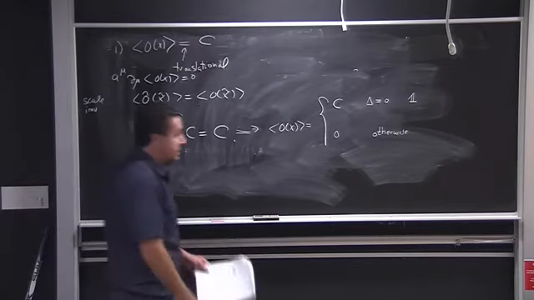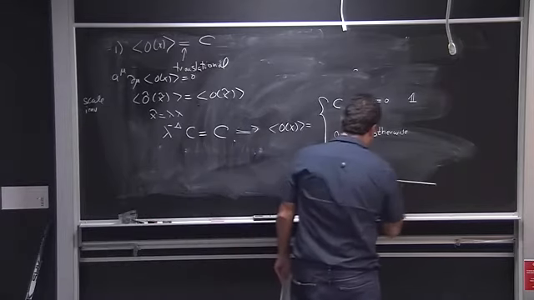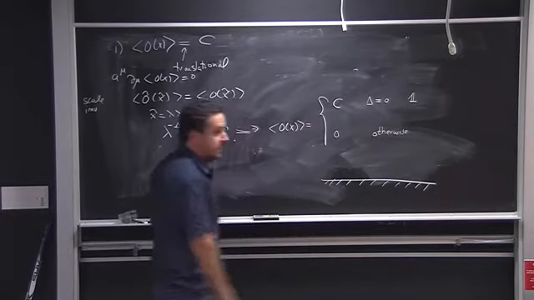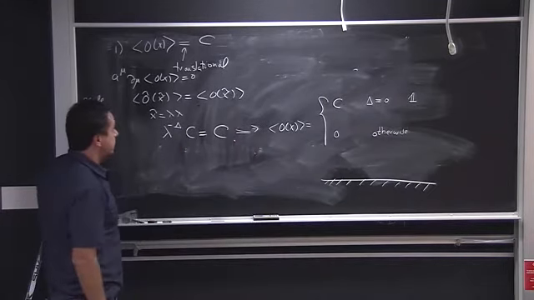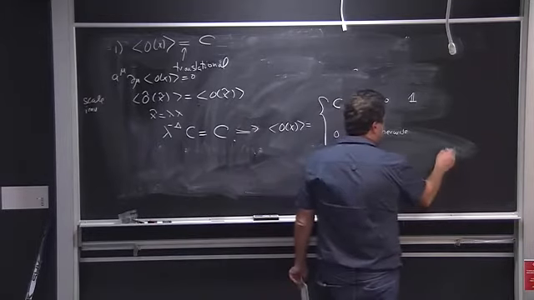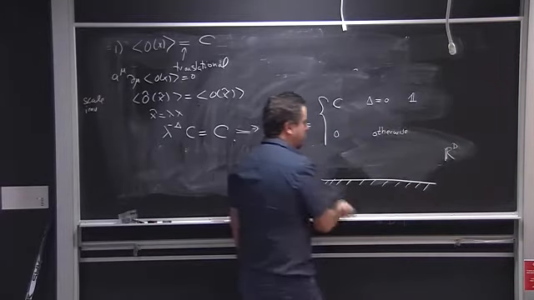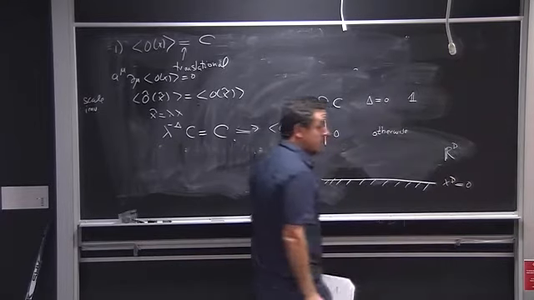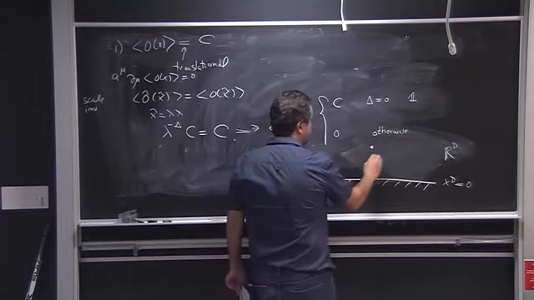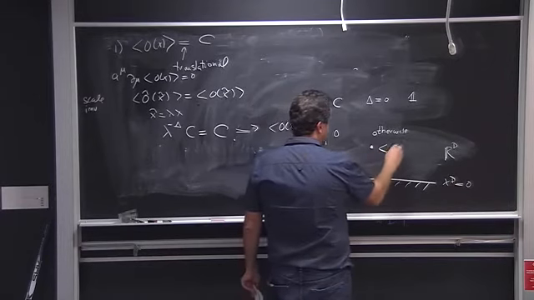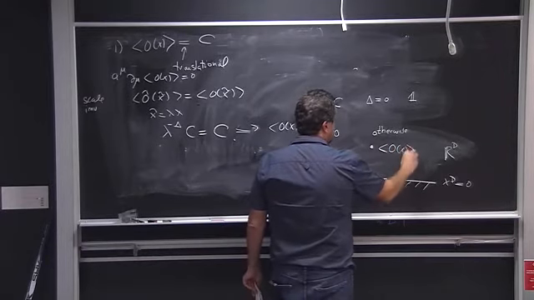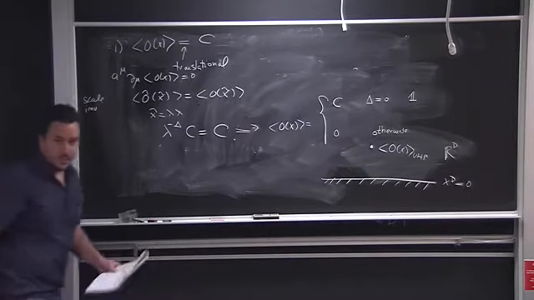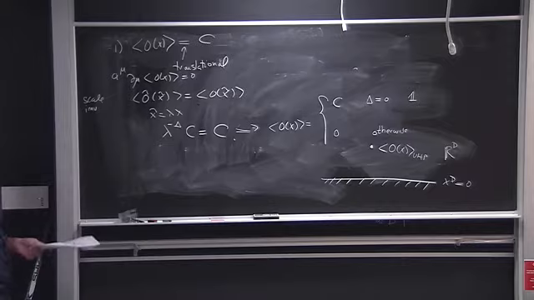If you start doing interesting things like putting the system on a boundary, then I'll leave it as an exercise. If instead of studying the constraints on R^d, you put on your spacetime a boundary at x_d equals 0, say, and study the constraints of conformal invariance on the one-point function in this upper half plane, what you should see is that now conformal invariance allows this correlator to be non-zero.